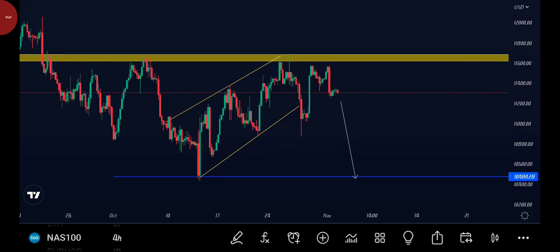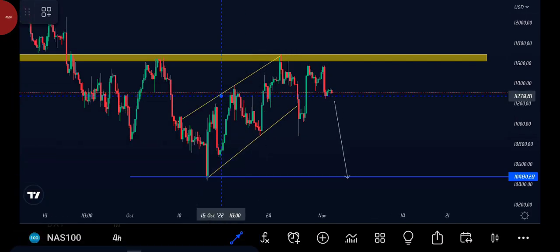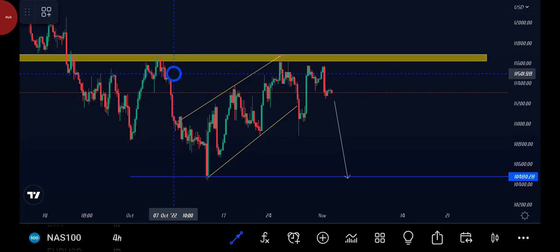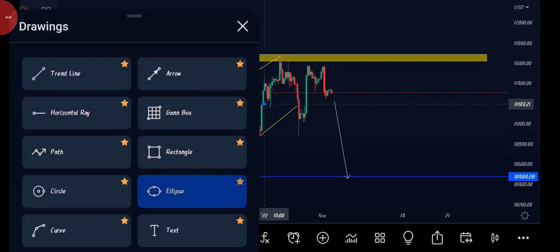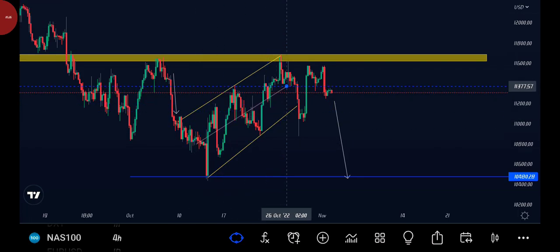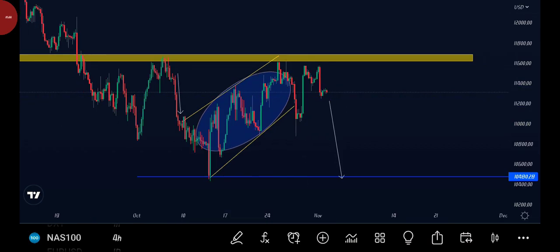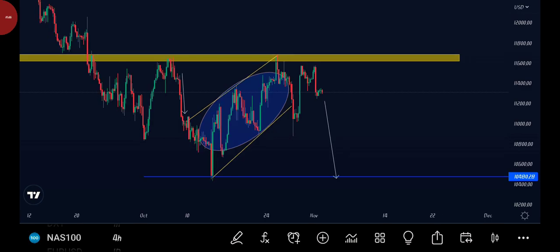Why am I saying this? It's because we had an impulse move from here. So this was an impulse, a corrective move, a very corrective channel to the upside. Then I'm expecting a drop which is very strong after this.